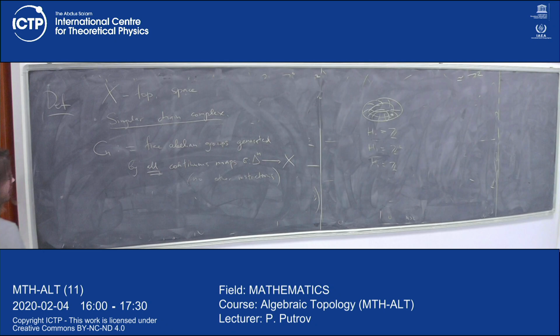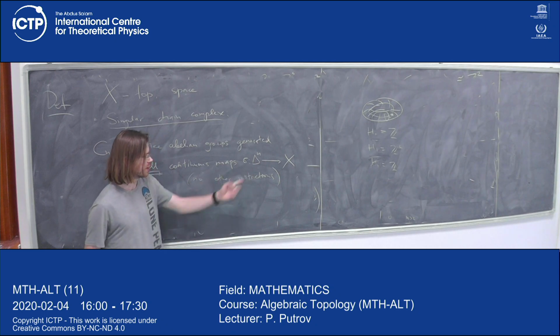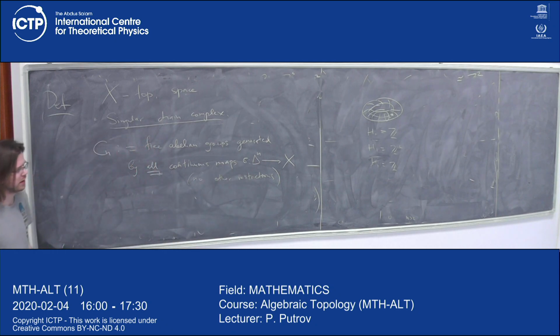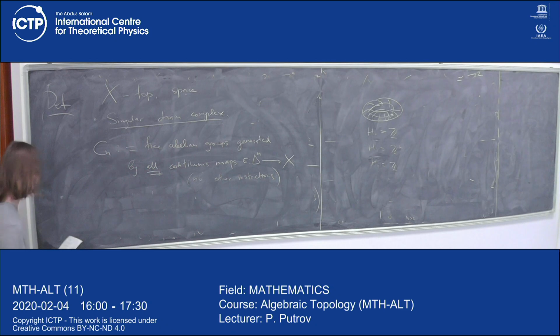So in general there is an infinite number of generators. Before, we only had the maps which enter in the delta complex structure, but now we consider all possible maps.